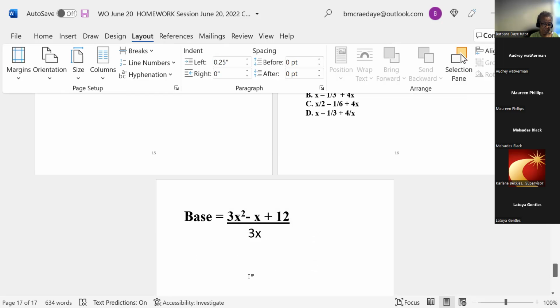So what do you have next? What's your next expression? That's my next expression. After this expression, what is your next expression? The answer. I didn't go no long way. I cancelled out. I said 3x squared minus 3x plus 12. I cancel 3x and left with x.